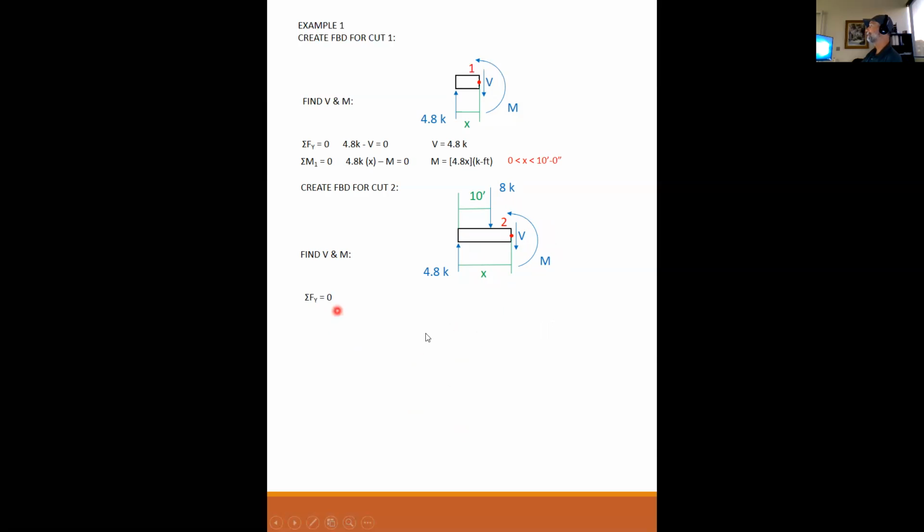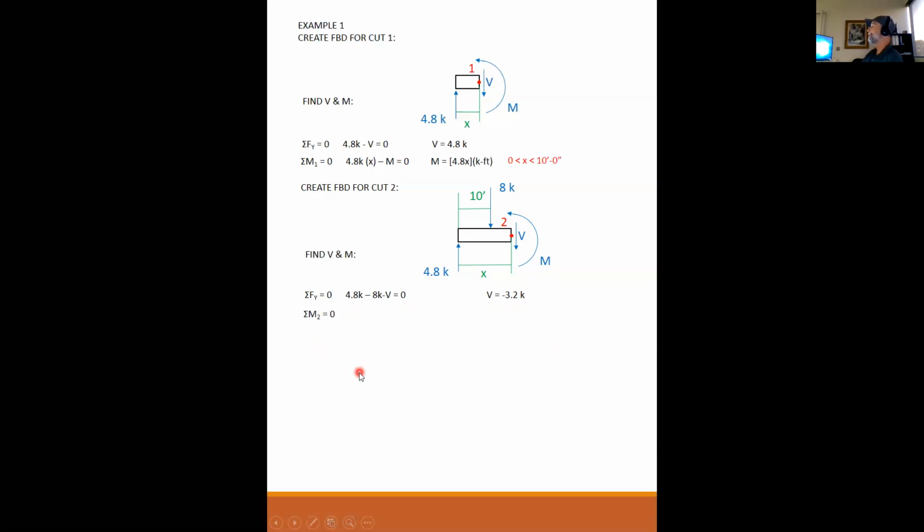Sum the forces equal to 0. I have 4.8 up. I have 8 kips going down. And I have my shear load V going down, all equal to 0. Therefore, V, my shear, is equal to minus 3.2 kips. Remember, there's no arrows on internal loads. You just have a positive or negative sense on your loading.